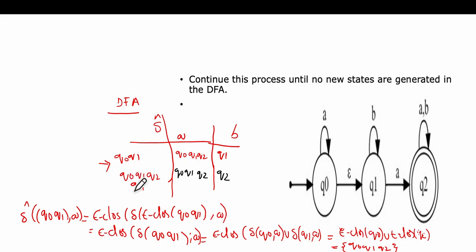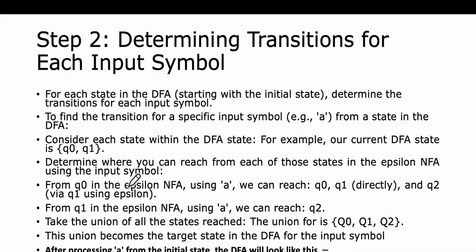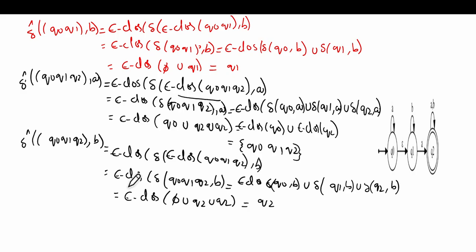For Q2 also you have to do transition. Okay, we have to do transition for Q2, and Q1 on B is Q1. So now here we get Q1 Q2.